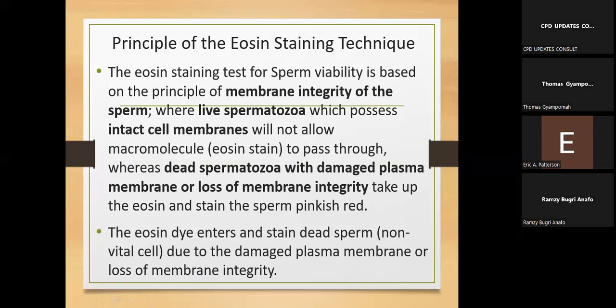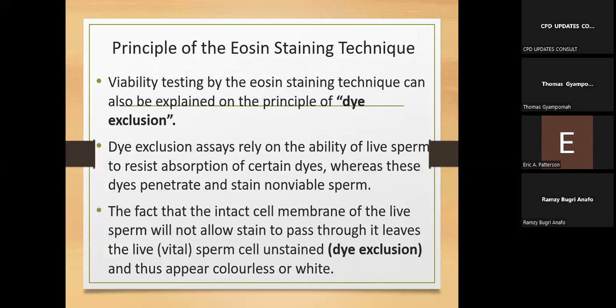Okay. Now, the next principle is dye exclusion. It's the same principle explained from another angle, where they are saying that the cell which is not dead, the living one, has its membrane integrity, and will exclude the eosin from coming to stain it. And so that's dye exclusion. So it's the same principle.